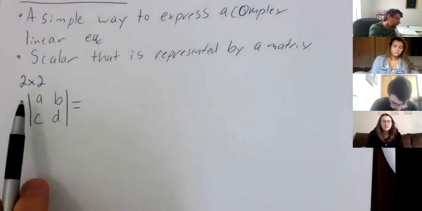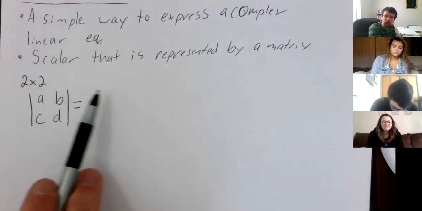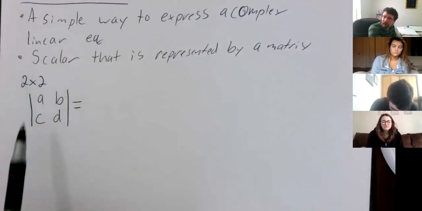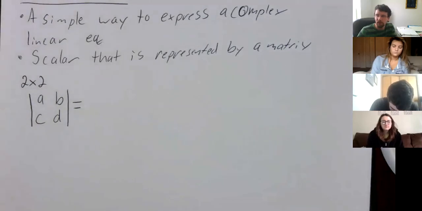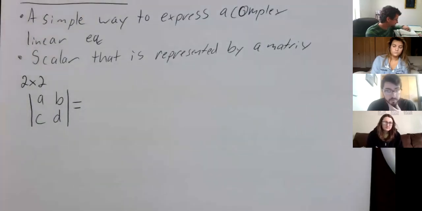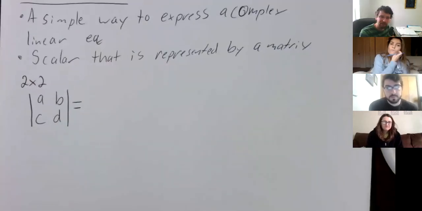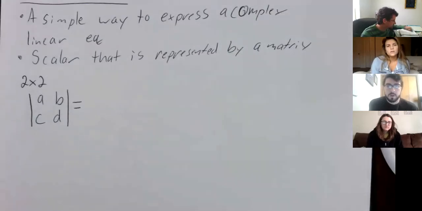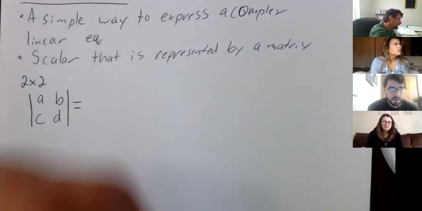So we have rows that go from left to right, and we have columns that go up and down. So how would you solve this? So we're just trying to get a scalar out. Yep, you're just trying to get a number out. It would be AD minus CB.